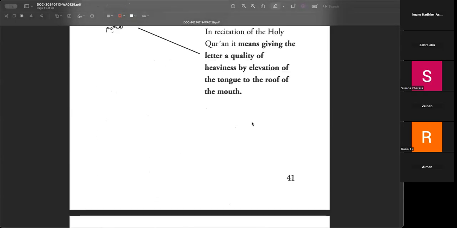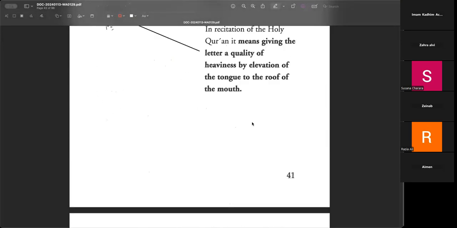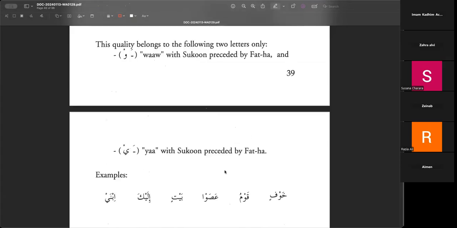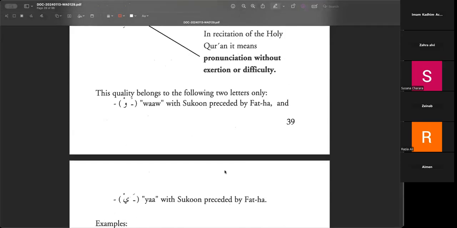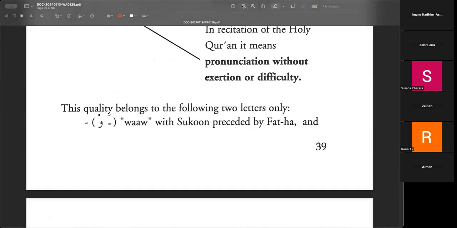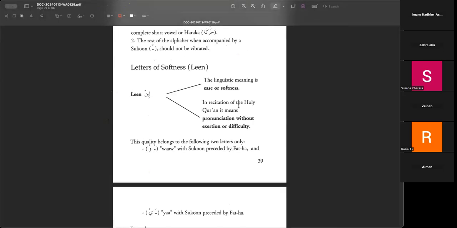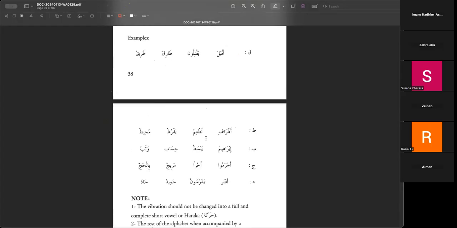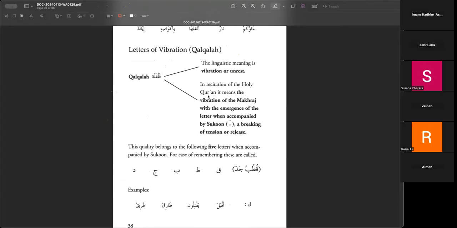I don't want to start with tafkhim and tarqiq. I also want all of you to focus this week on qalqala. And isti'la too, but we've been practicing isti'la for a few weeks now, and I feel like most of you are doing it the right way. The one that's new is qalqala.